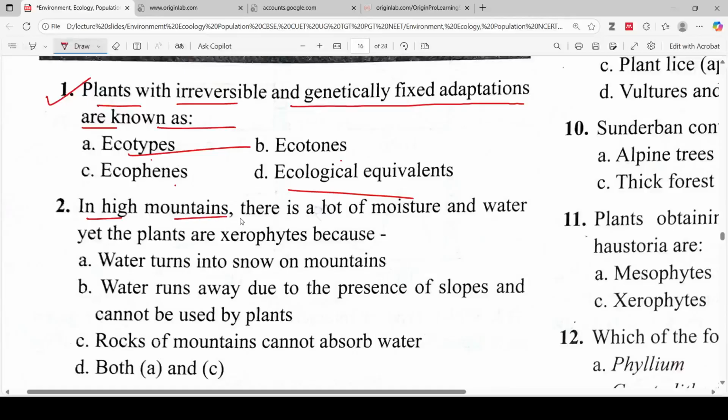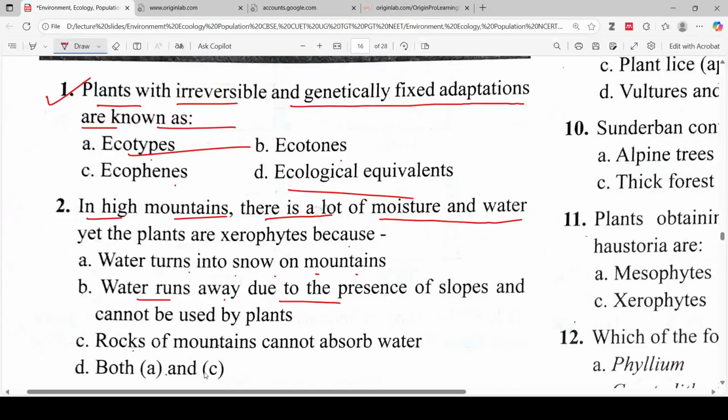In high mountains, there is a lot of moisture and water, yet the plants are xerophytes because water turns into snow on the mountain. Water runs away due to the presence of slope and cannot be used by plants. Rock of mountains cannot absorb water.